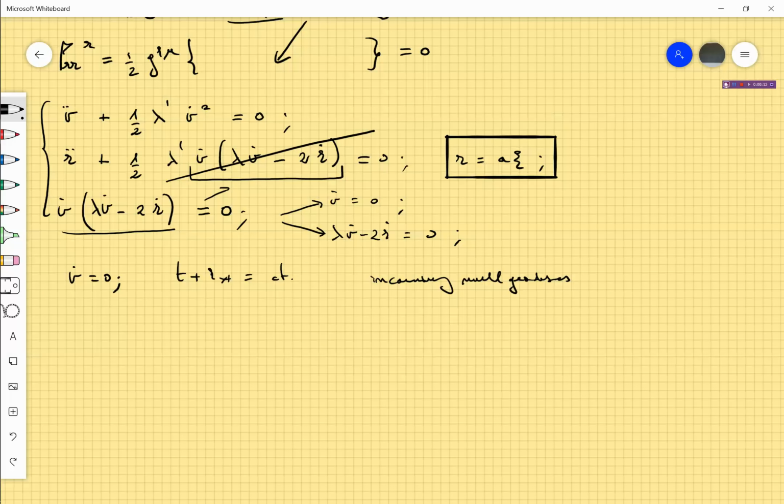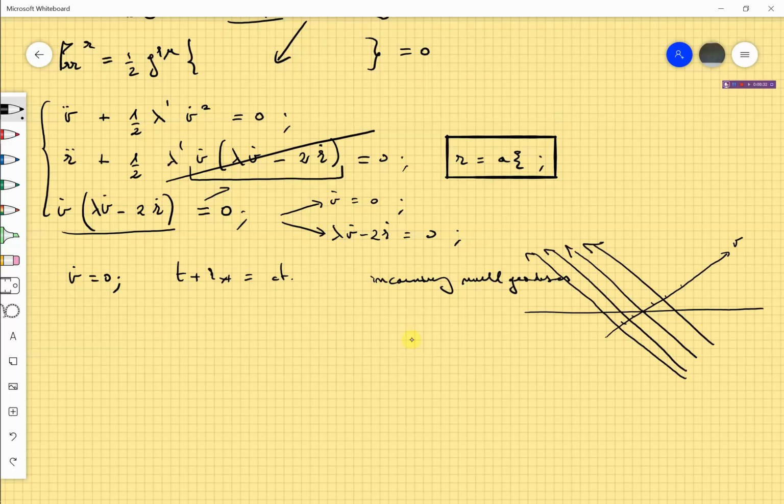Basically, they are characterized by a constant value of v. If this is the v-axis, for each of these constant values you have geodesics that go towards smaller values of r star.